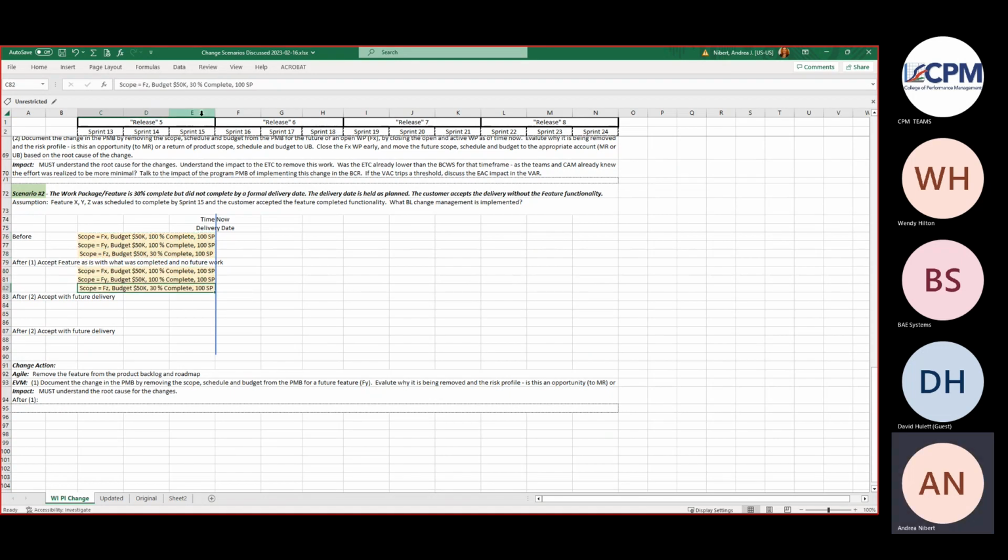So then this would just become 100% complete, all features at 100% complete, full EV, and could be a cost underrun.